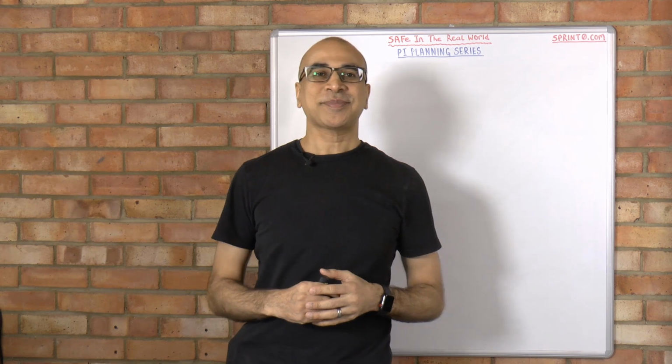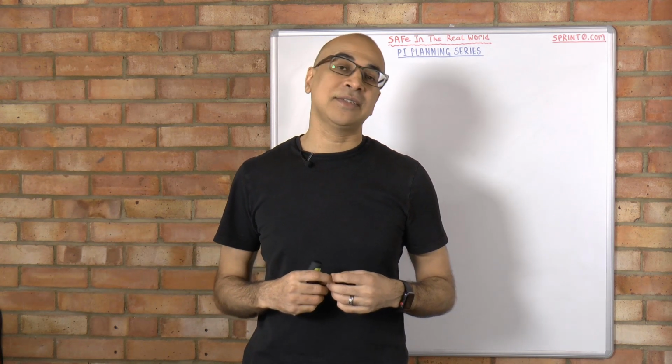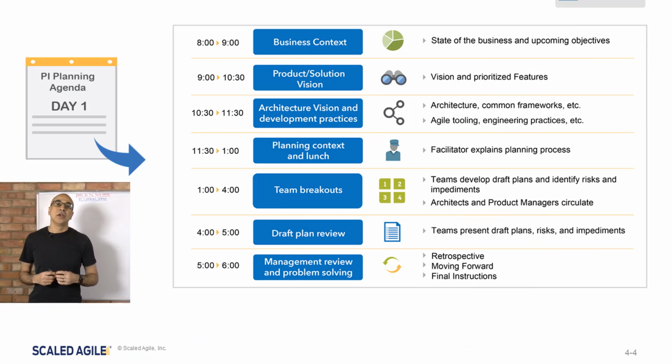All right, so let's have a look at the standard SAFe agenda. I'll whiz through this really quickly. On your screen, you can see what a standard SAFe agenda is, from the scaledagile.com website.